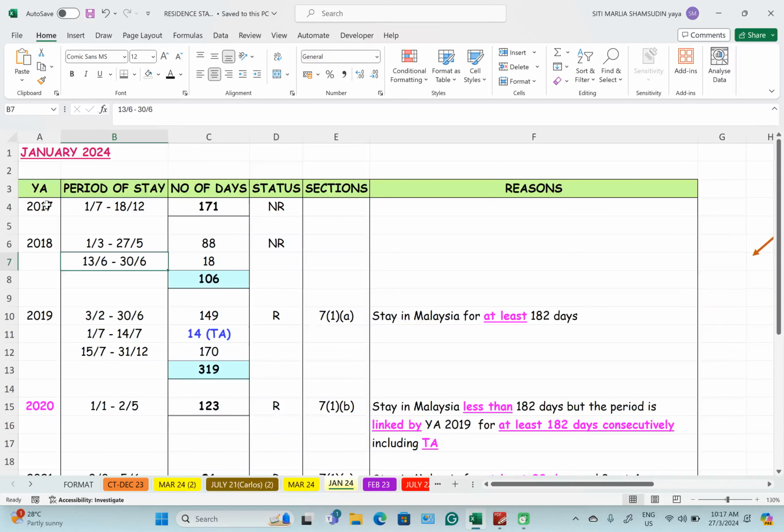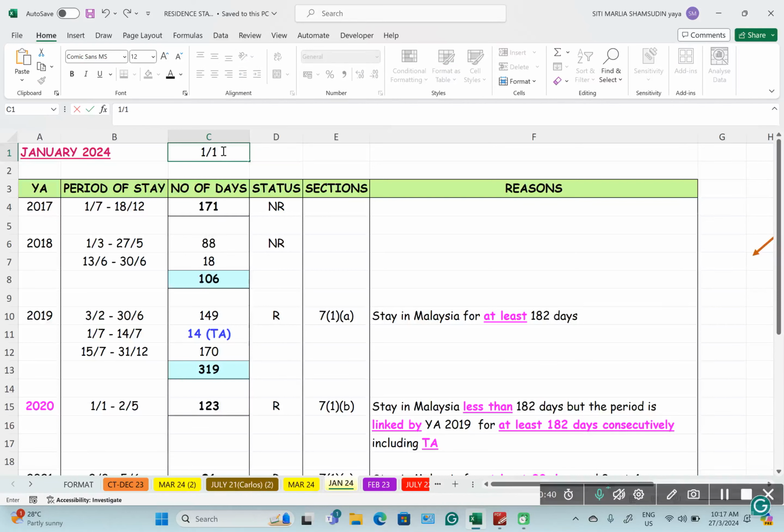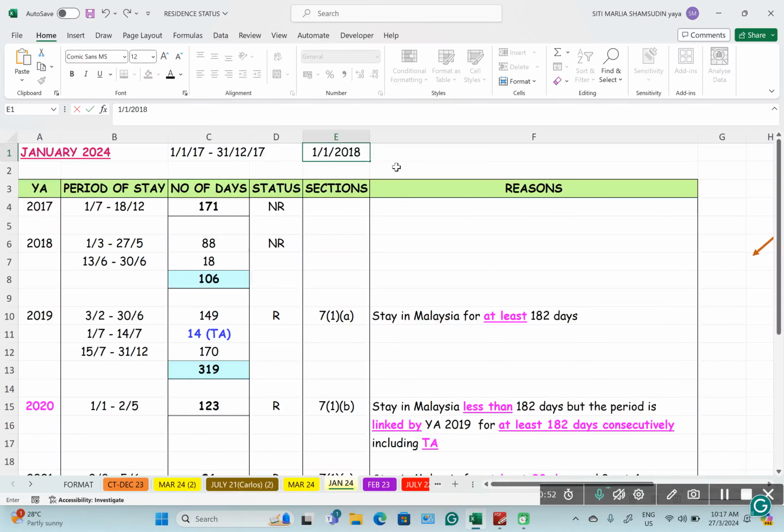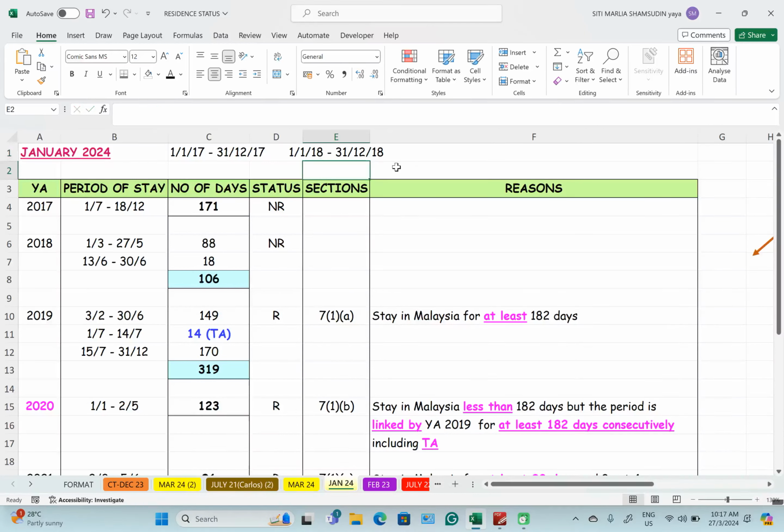Let me prepare the calendar for 2017 for you: 1st January 2017 until 31st December 2017. Followed by calendar 2018: 1st January 2018 until 31st December 2018.